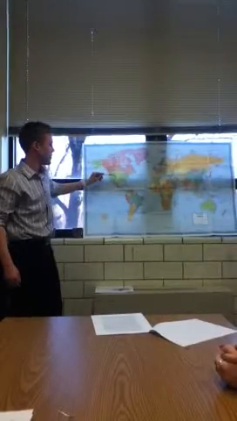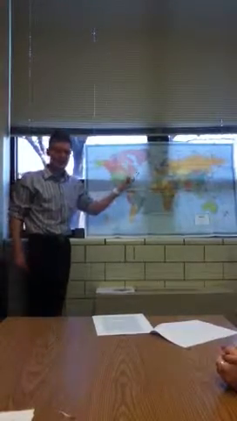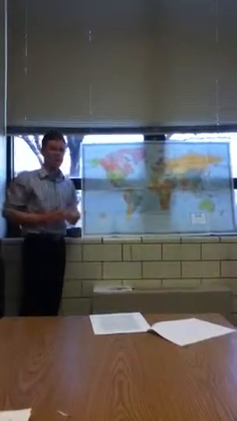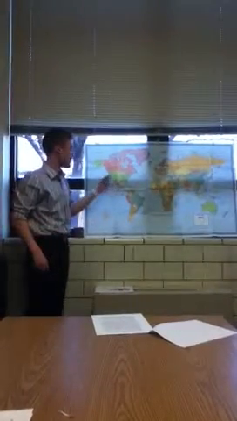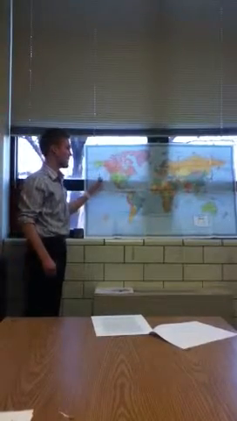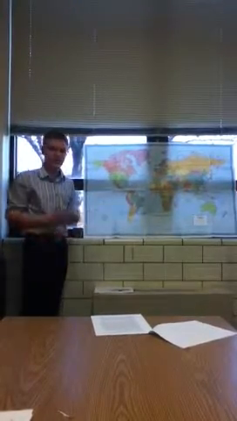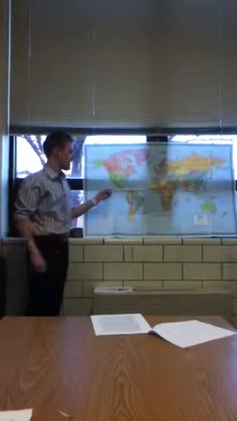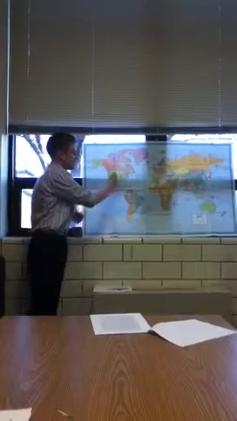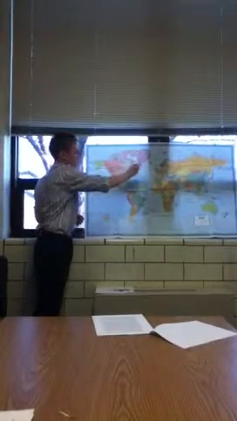We also have to remember that a continent has many different countries in it. There are a lot of countries in North America and in South America, but we're just going to focus on the major or largest countries in these continents. The ones we're going to focus on are Mexico, the United States, Canada, and Greenland.